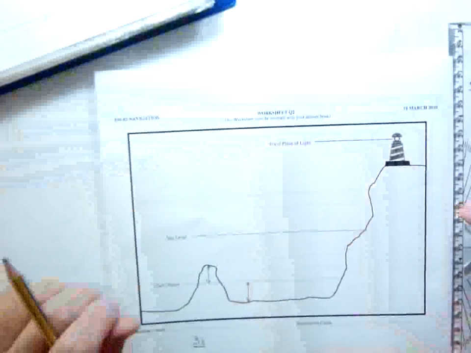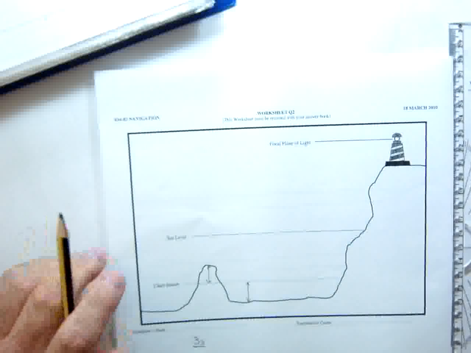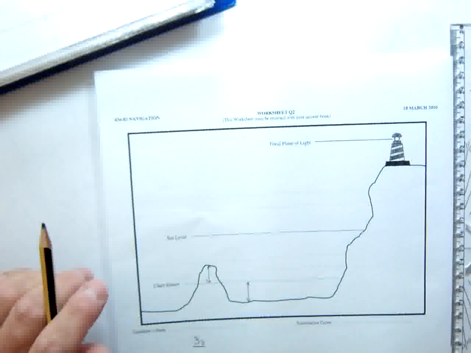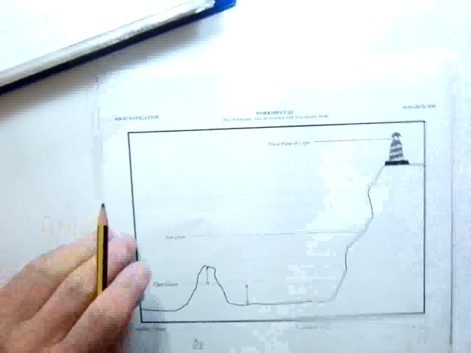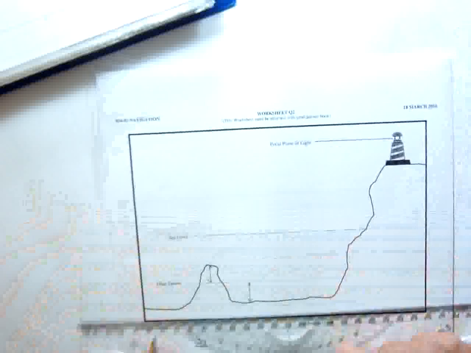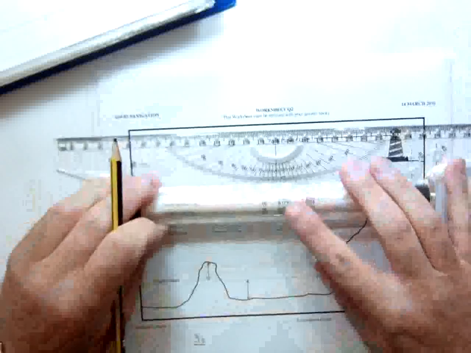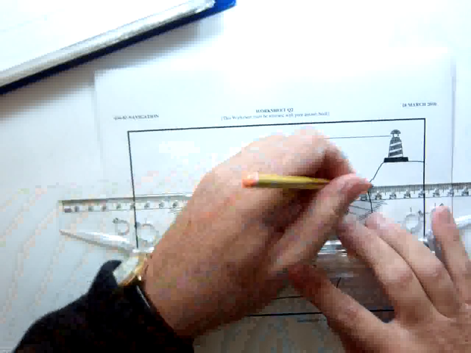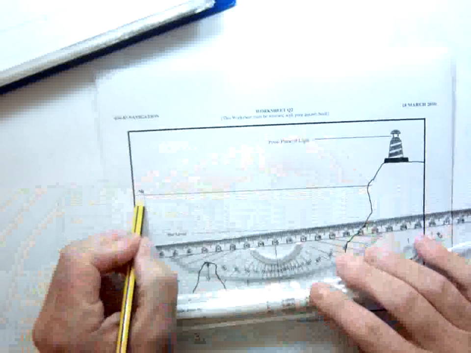Now, again, on our drawing, we're going to indicate what's known as mean high water springs and mean low water springs. So, mean high water springs is really the high tide. So that would be mean high water springs.